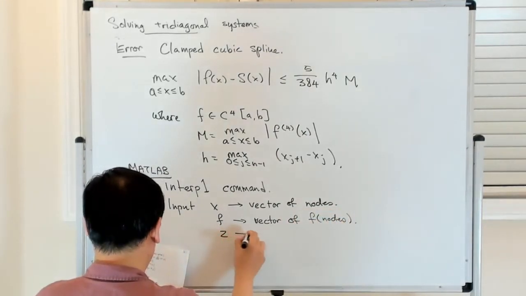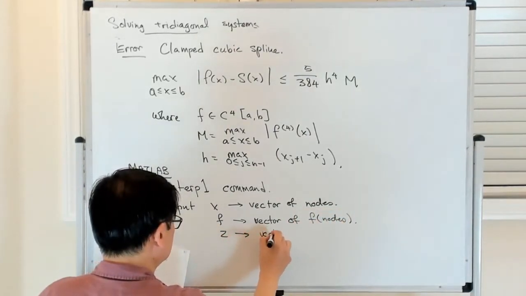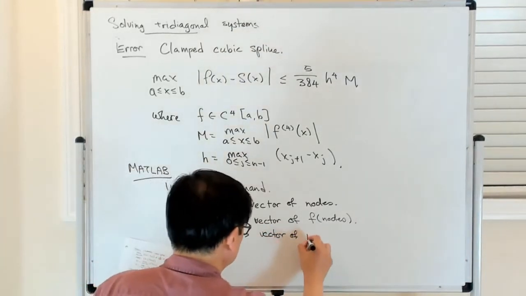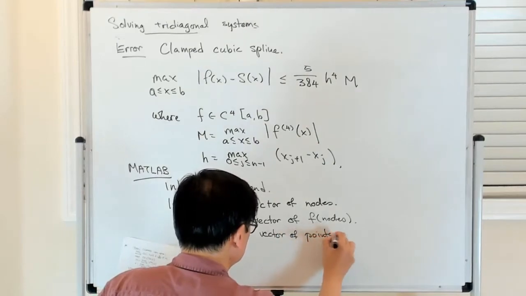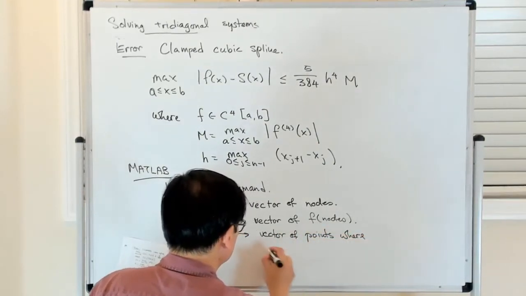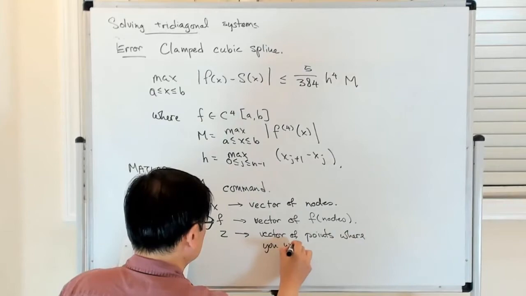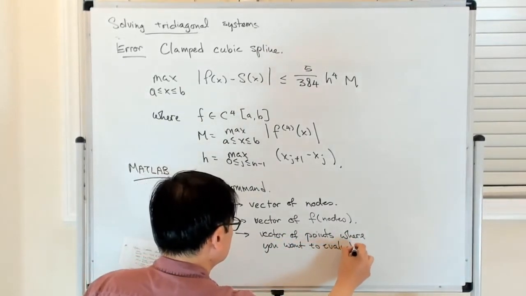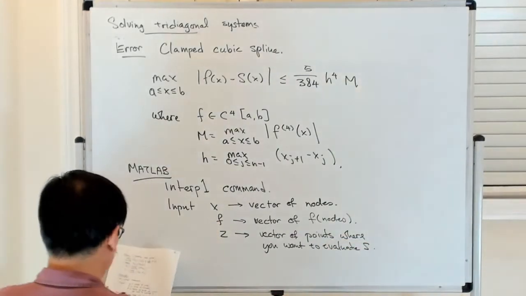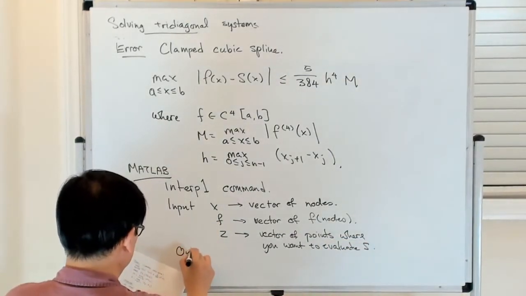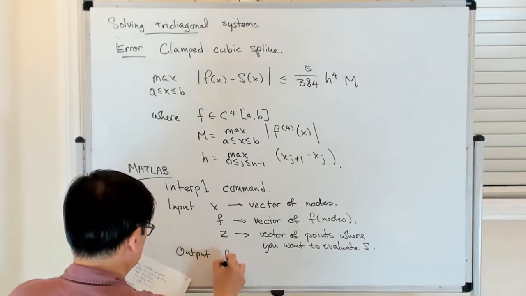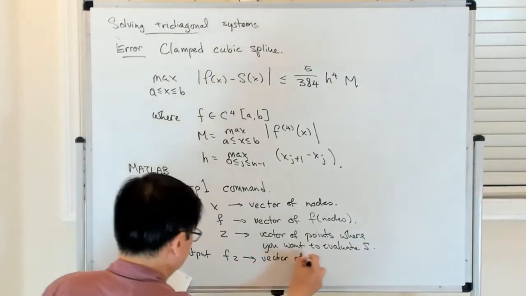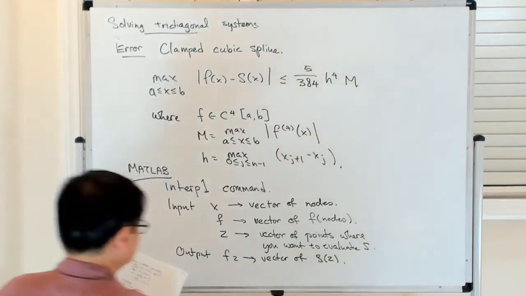And z is the vector of points where you want to evaluate s, which is your spline interpolant. And then the output is fz, which is a vector of s evaluated at those z points.